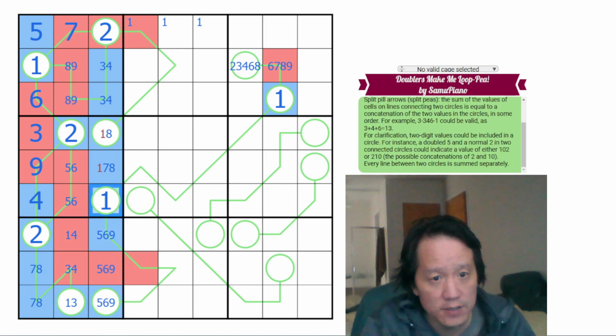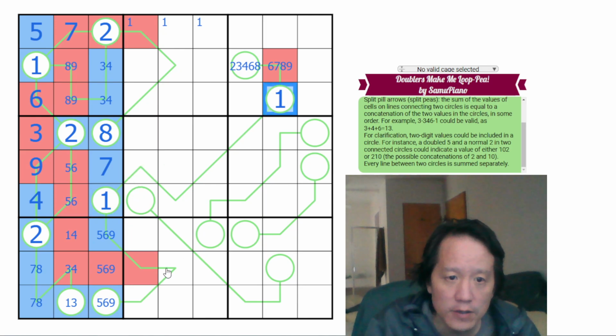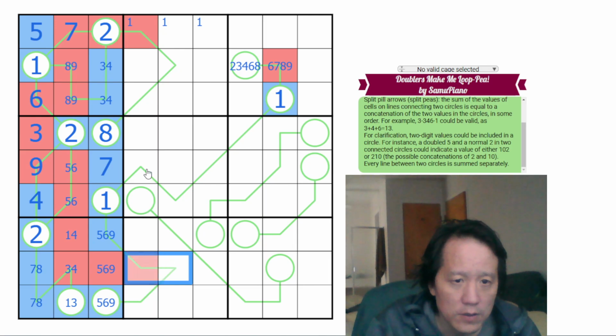Therefore, this is 1, and this is 8, and this is 7. So this has to be 11. We know this has to be... It cannot be 51. So these could be doubled. Yeah. So this is 48, which means all three of them have to be doubled.